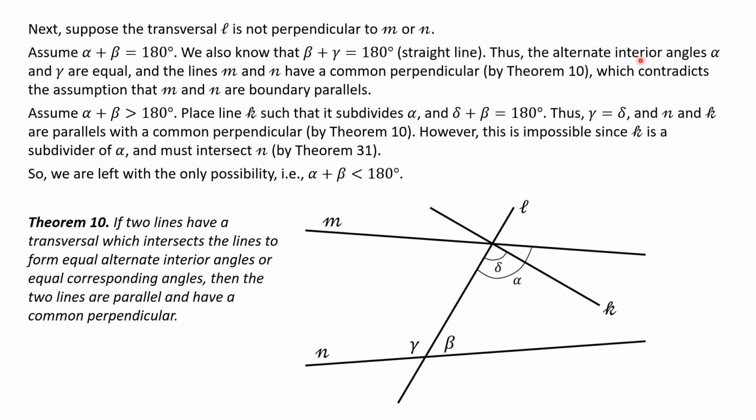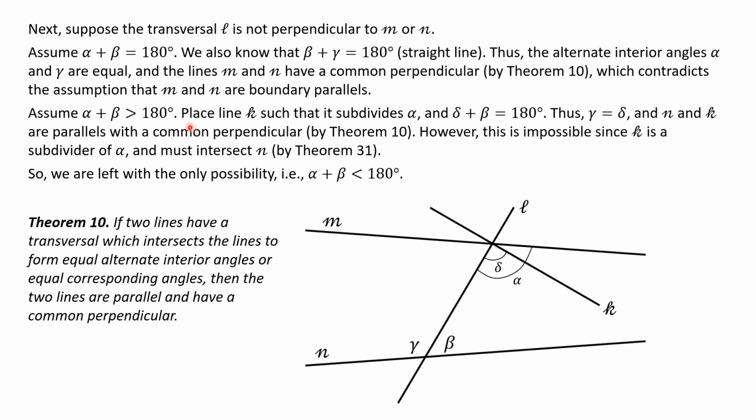Thus, alternate interior angles, alpha and gamma, are equal. And the lines M and N have a common perpendicular by theorem 10, which I've copied down here so you don't need the page back to lesson 5 where this comes from. And that contradicts the assumption that M and N are boundary parallels. So this case is out.